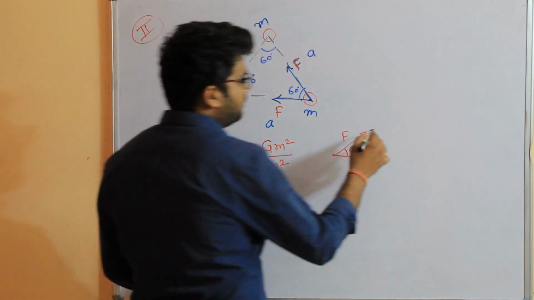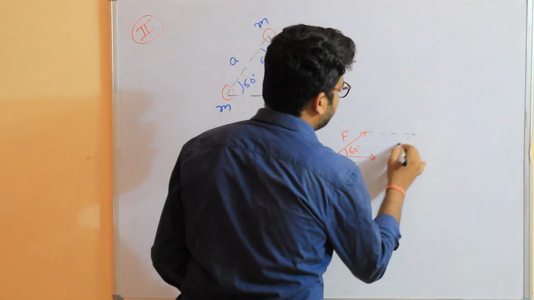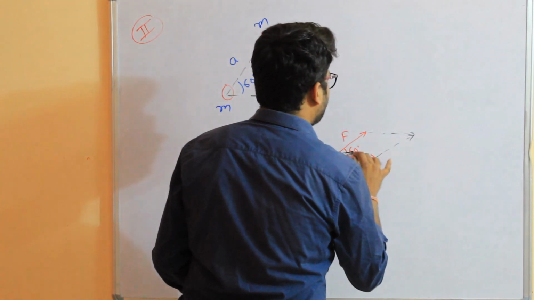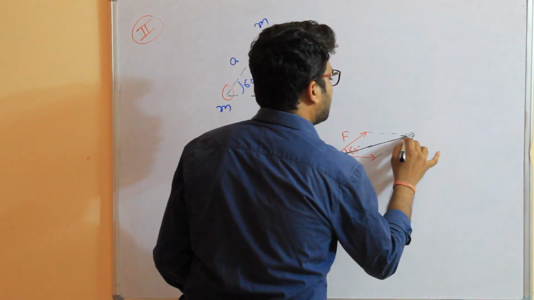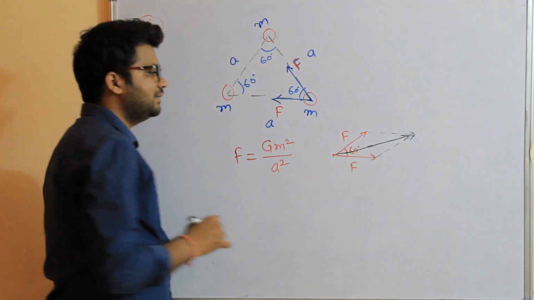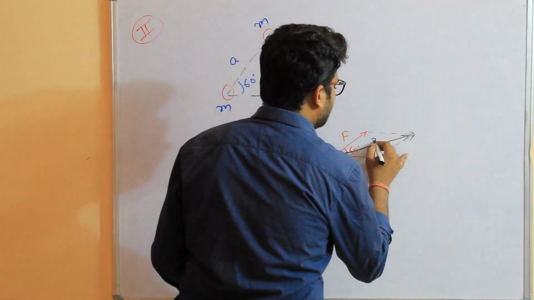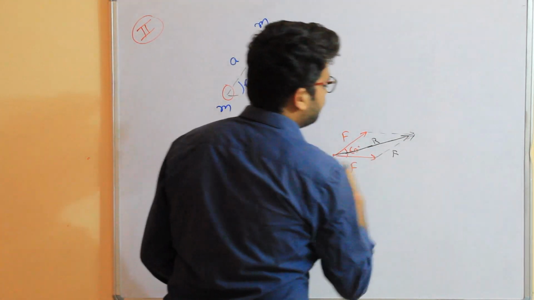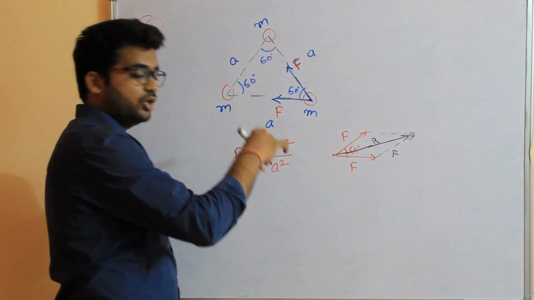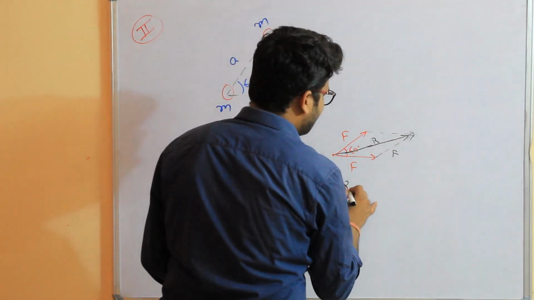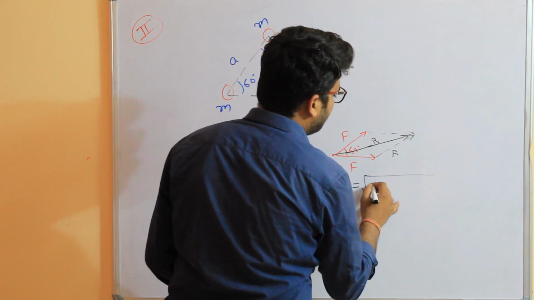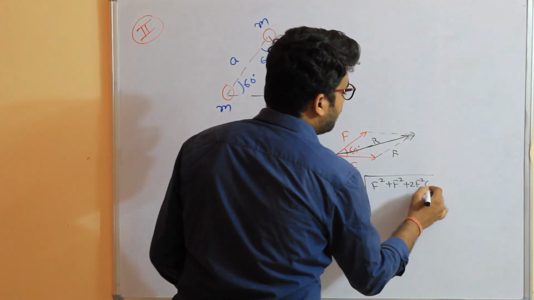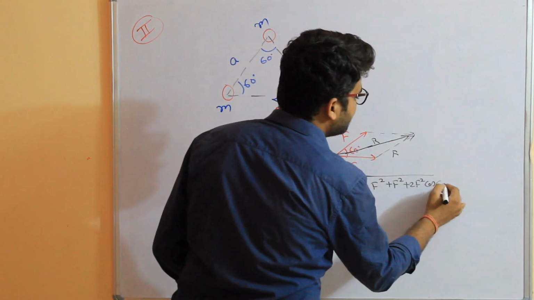Okay. Now what is the resultant of this? This is the resultant, right? So this is the R and this is F, and by using the parallelogram law we can say this resultant R is equal to root of F square plus F square plus 2F square cosine of the angle between these two vectors, which is 60.